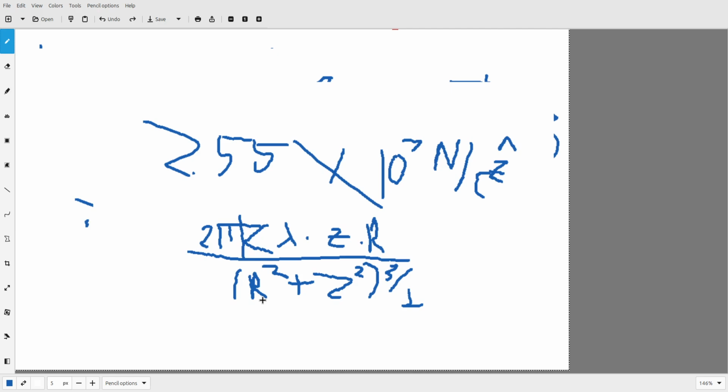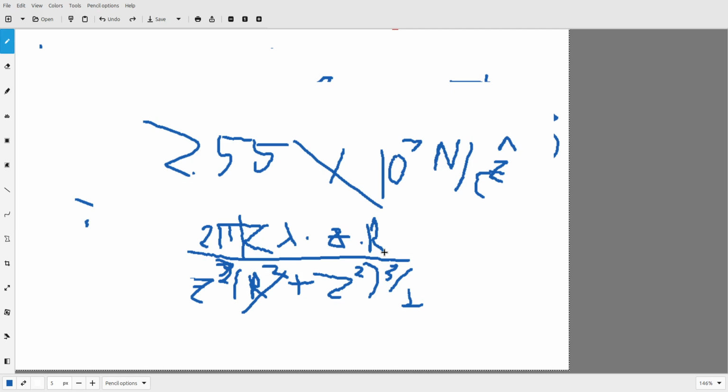Now, when z is much bigger than r, this is going to be irrelevant since we're adding r. This becomes z squared to the 3 halves, which is z cubed. These z's now cancel out. We have z squared in the denominator.